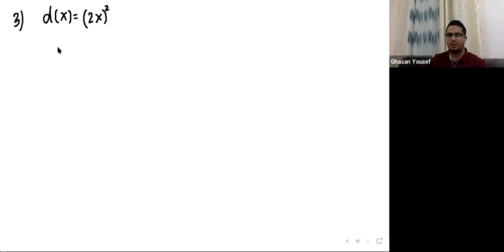Now, first of all, my original function is f of x equal x squared. This is my original function. How can I modify this to get something like this, 2x to everything square? And again, this is equal x to the power 2.